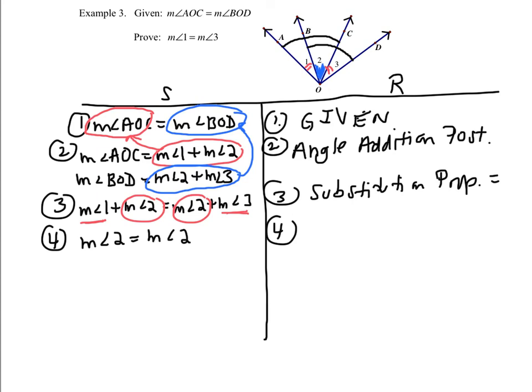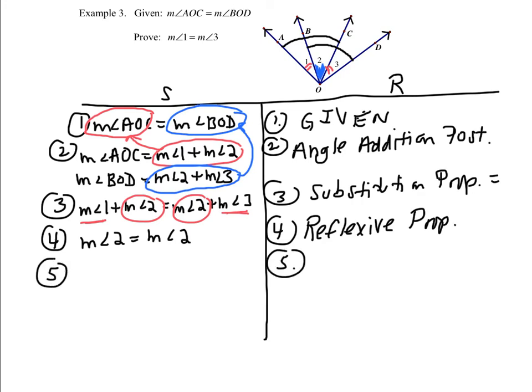An angle is equal in measure to itself, but we need to say that. It's just one of the rules for writing proofs before we can use subtraction. So the measure of angle 2 is equal to the measure of angle 2 by the reflexive property. Again, keep that list of postulates and properties handy so that you can quickly find those reasons.